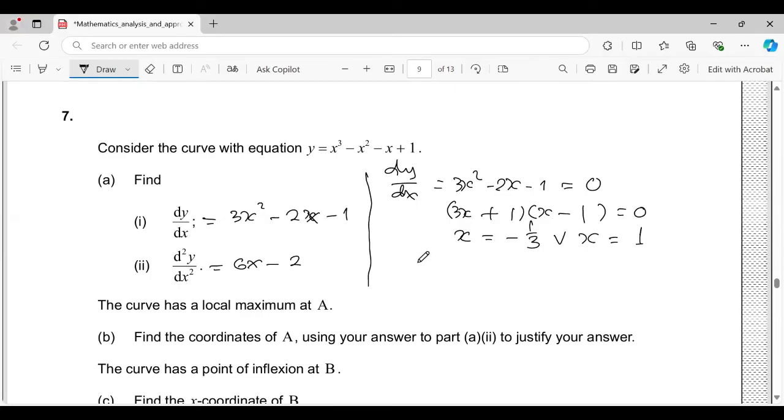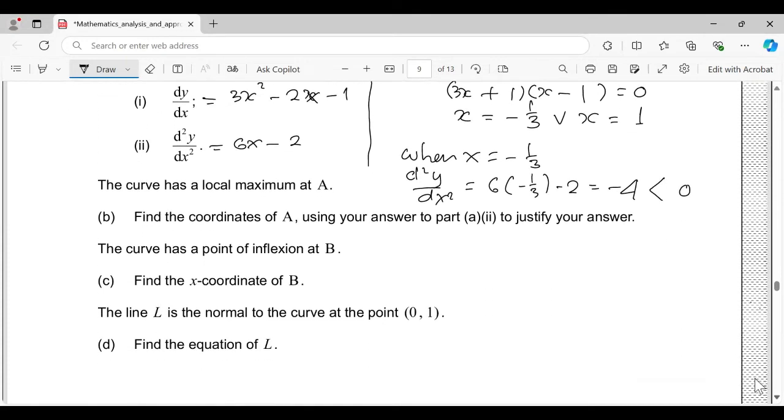Okay. So when x equals minus 1/3, we have to justify through the second derivative. 6 times minus 1/3 minus 2. It is minus 4. Minus 4 is less than 0.